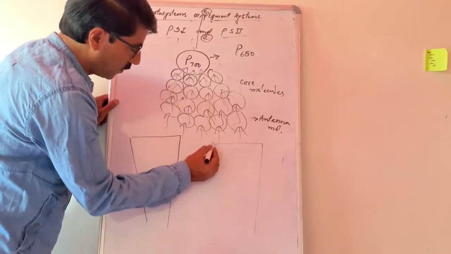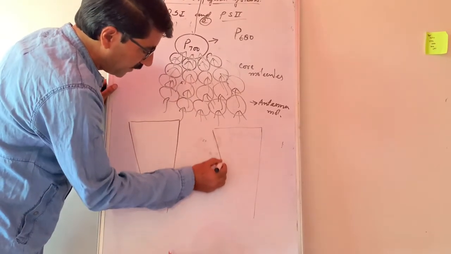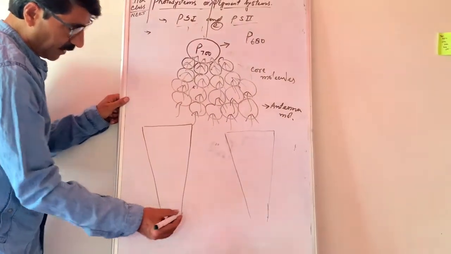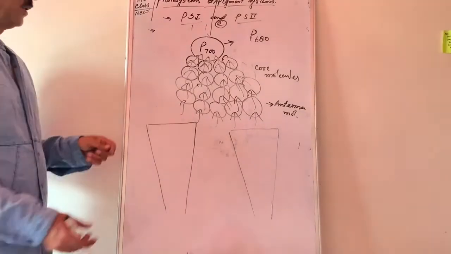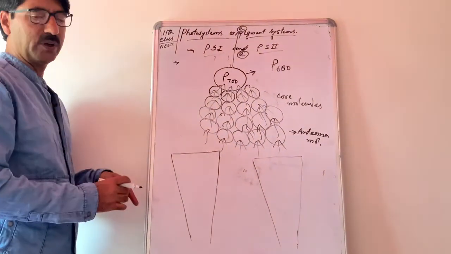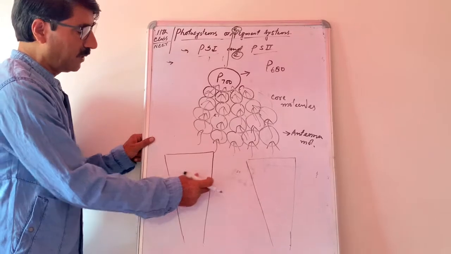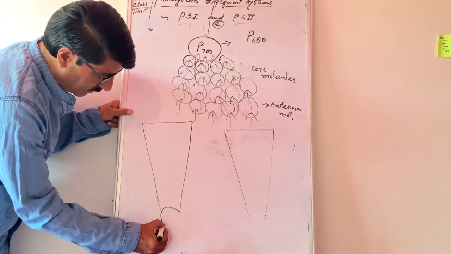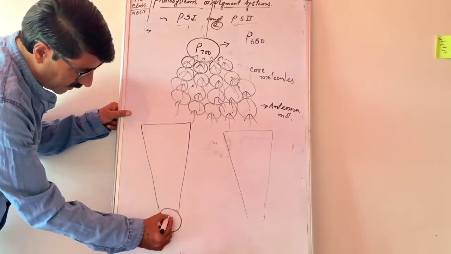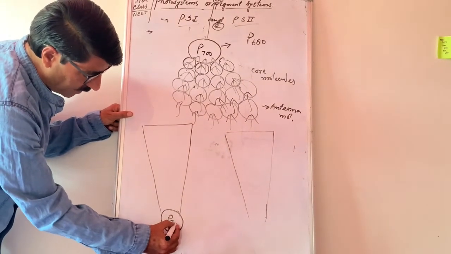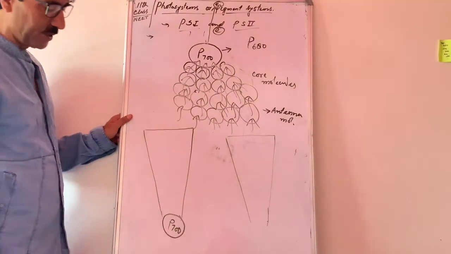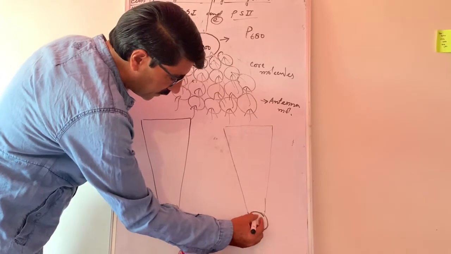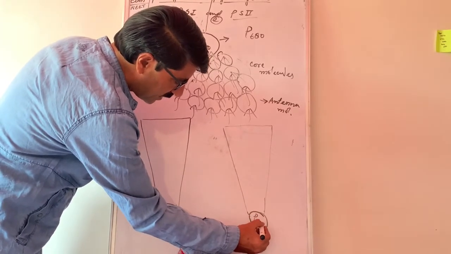It is very important for NEET questions. So NEET questions के लिए आप इसे अच्छी तरह याद रखें. Now I am showing the distribution of chlorophyll A molecules in both the pigment systems. Let us show this as pigment system first with the reaction center as P700, and this is pigment system second having the reaction center P680.